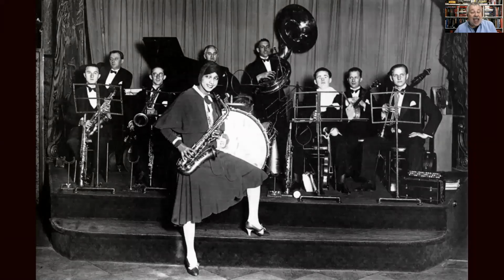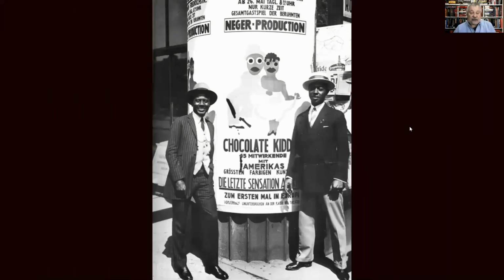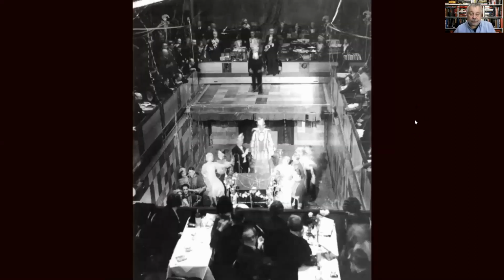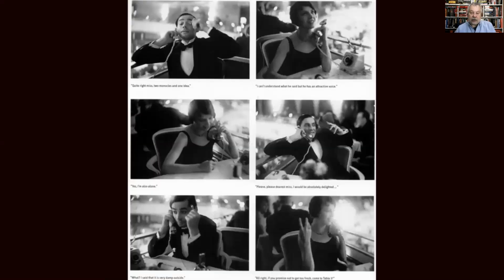It certainly has no sense that all this is going to be heading towards what Nazi Germany is going to become. You have these huge dance clubs where the entire floor opens up and an orchestra comes out of the floor.